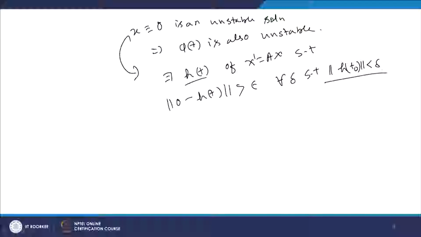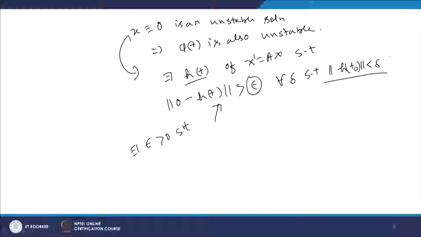So, it means that there exists an epsilon greater than 0 such that norm of h t is greater than epsilon for every delta such that norm of h t naught is less than delta.